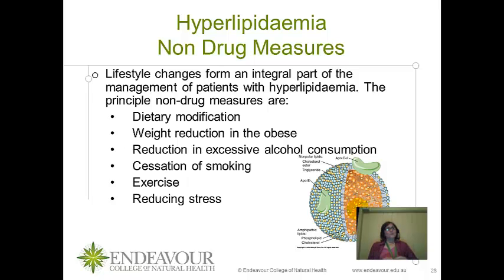The person can do various lifestyle changes to try and reduce those lipid levels: reducing stress and smoking, reducing alcohol intake. For those people who are obese, modifying their diet, reducing the level of fat intake and weight reduction, increased exercise.